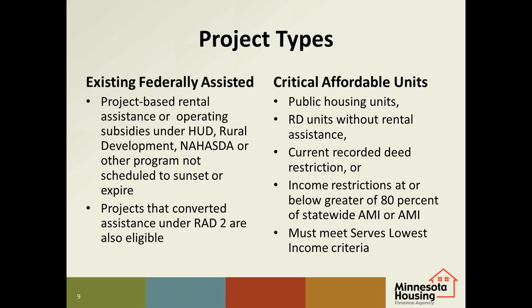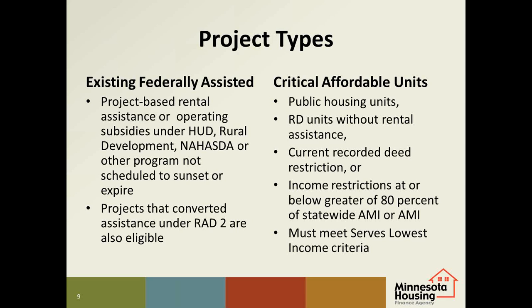The second category is critical affordable units, which are defined as any housing with a current recorded deed restriction or income restriction at or below the greater of 80% of statewide area median income or area median income. This includes existing public housing units, including those converting through the Rental Assistance Demonstration Program Component 1, also known as RAD 1, rural development funded units without rental assistance, existing tax credit units, developments with federal assistance that are not included under federally assisted, and other programs with restrictions limiting income and rents.